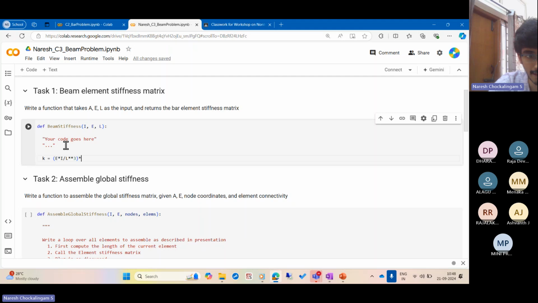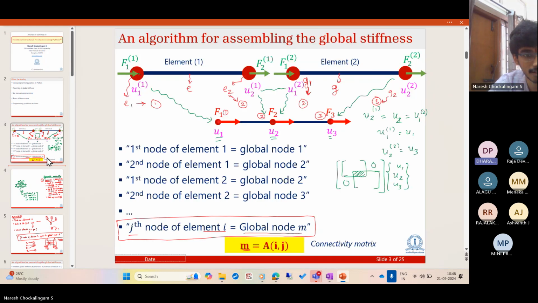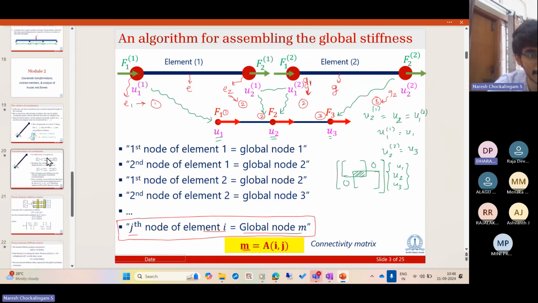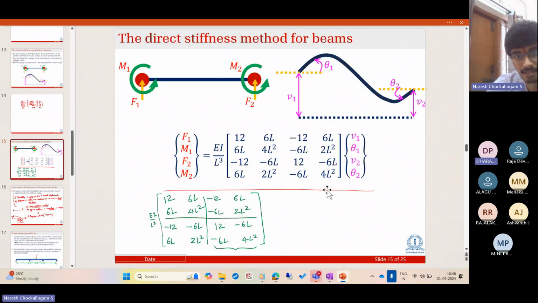Yes, perfect. Multiplying a 2 cross 2 matrix. Why is it a 2 cross 2 matrix? This is a beam stiffness matrix, right? Yeah, we just derived the beam stiffness matrix, right? It is somewhere here. This is the beam stiffness matrix. So it is 4 cross 4, right?